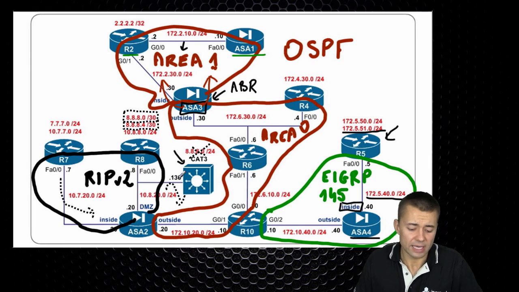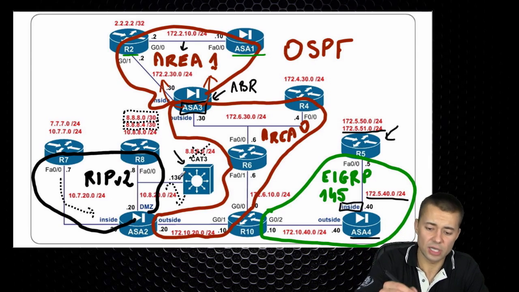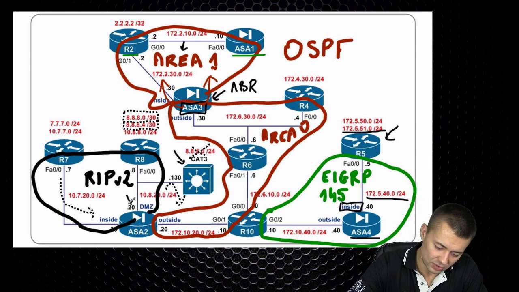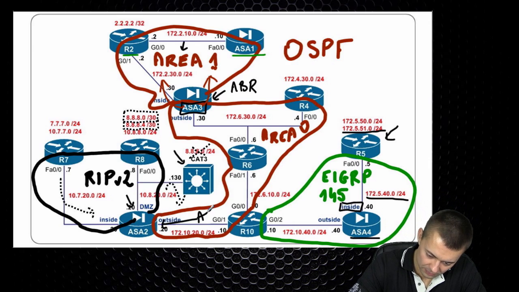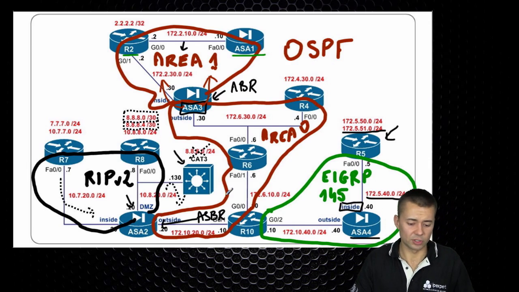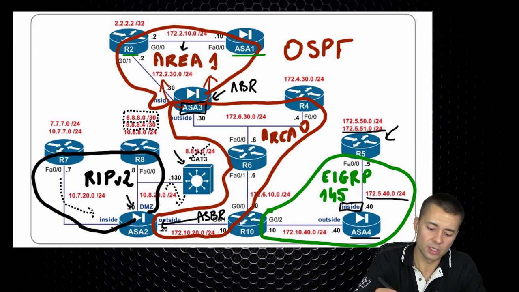I would have to go to my ASBR, so ASA2. This is also an ASBR. ASA2 is also an ASBR because it redistributes RIP prefixes to the OSPF domain.